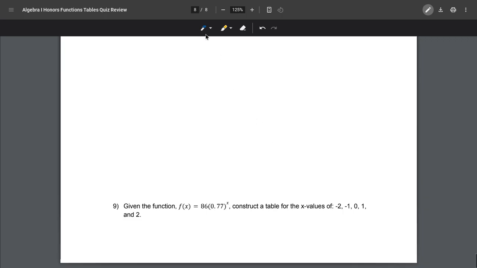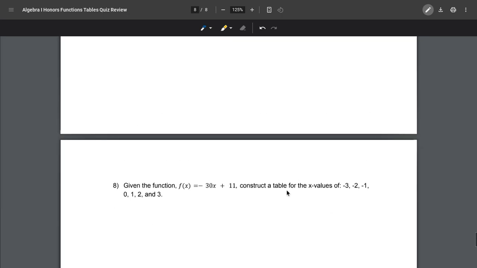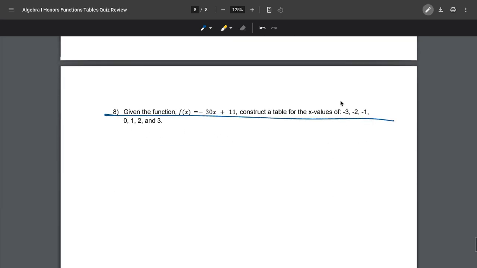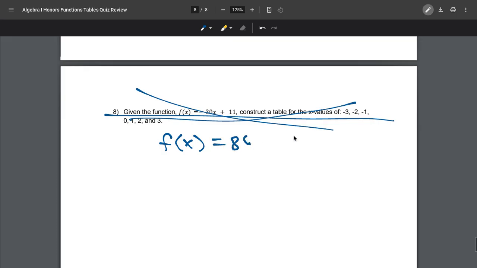Okay, so what's this last function? It's f of x equals 86 times 0.77 to the x power. Let's just cross this one out. f of x equals 86 times 0.77 to the x power.